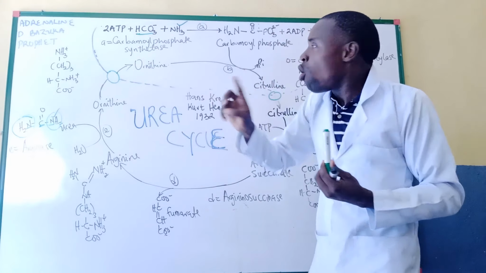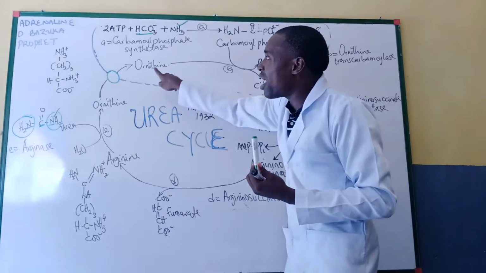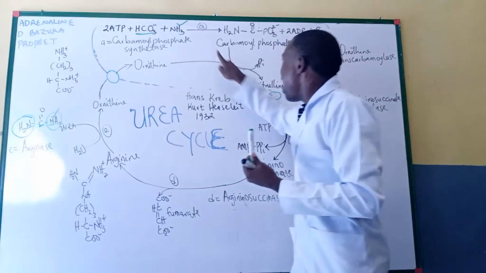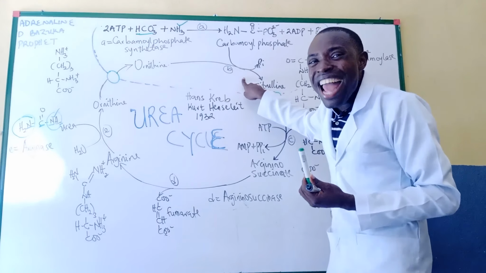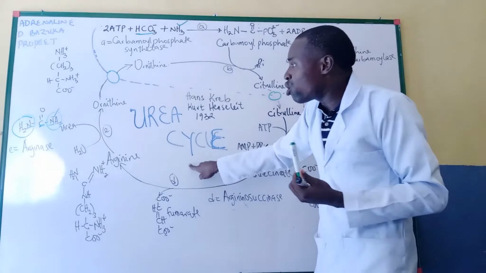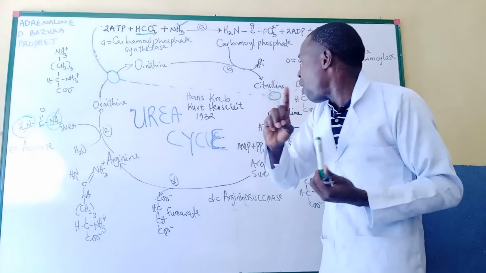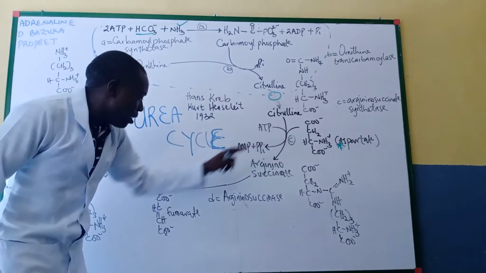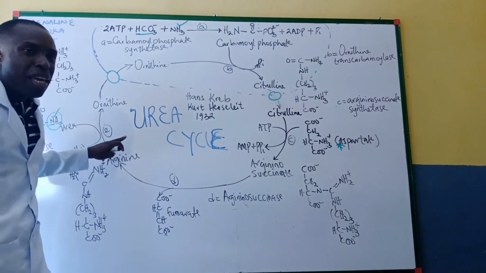In the mitochondria, only 2 steps are involved, step A and step B, while in the cytosol 3 steps are involved: step C, step D, and step E.